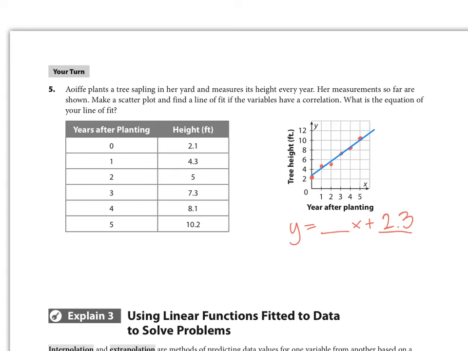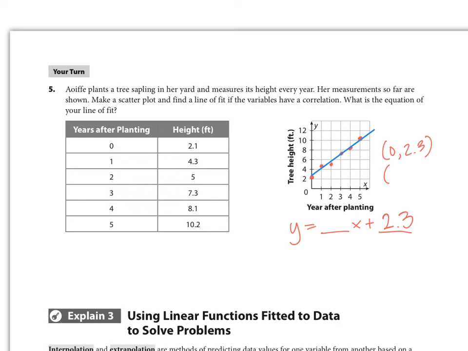To find our slope, we've got to figure out some nice points here. If I use the point 0, 2.3, then I can go up to, I could use other points, but I can see that this line is going straight across this point right here. What point is this? This is 3, 7.3.